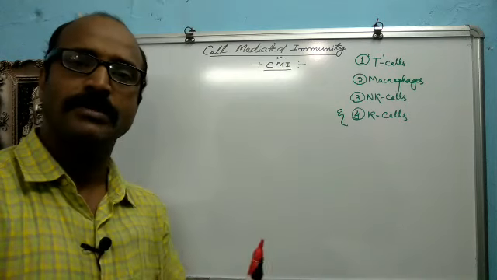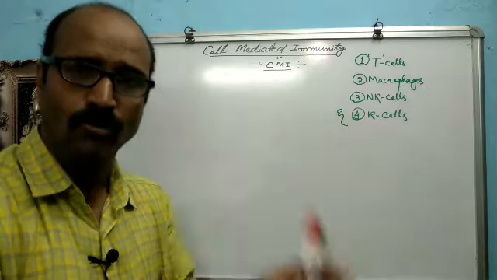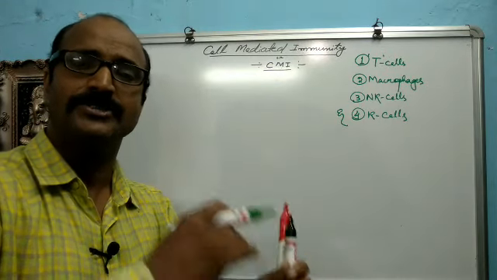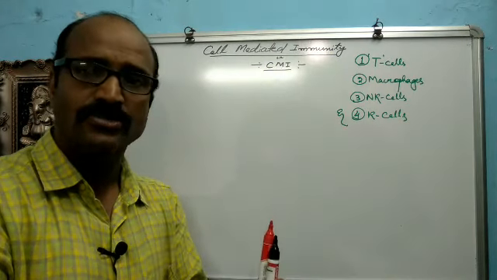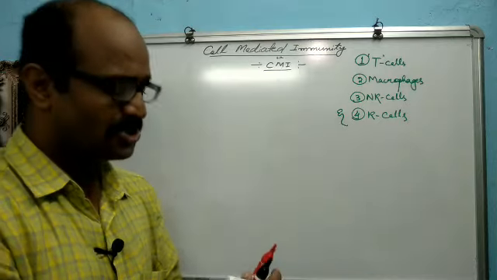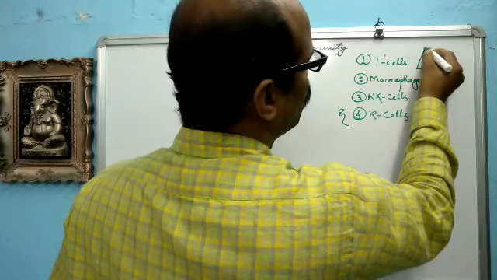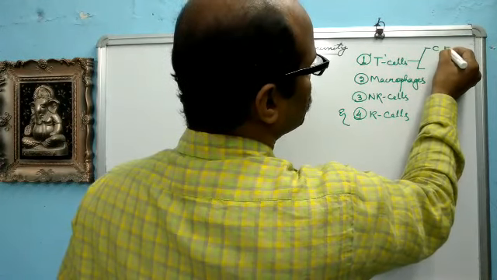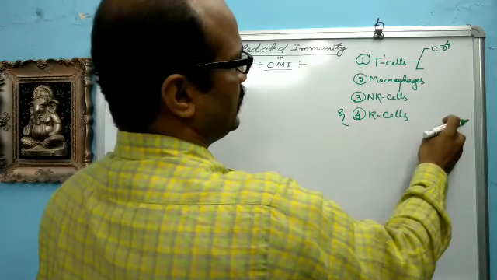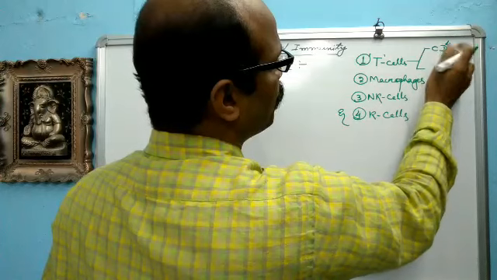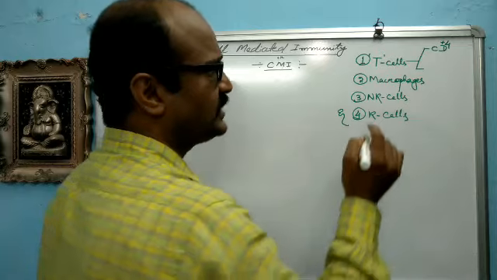On the basis of the glycoprotein present on the surface of T cells, the T cells are classified into two. The glycoprotein on the surface of T cells is known as the cluster determinant, or CD. Those T cells that contain cluster determinant type 4 are written as CD4 or CD plus 4, and the cell is known as a CD4 cell.